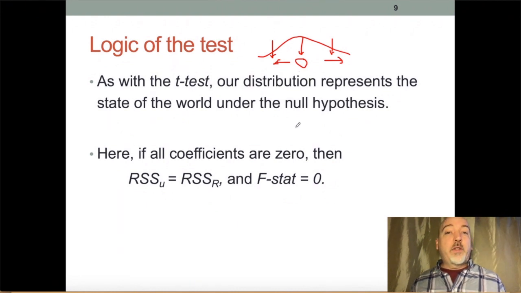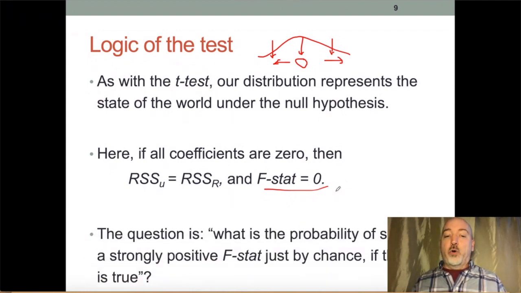The same thing with the F-test. If the null is true, the coefficients are 0, and the F-stat equals 0. In order to reject that null, we have to be able to say, well, it's less than 10%, 5%, 1% probability that we would get the value that we see if that null was true.